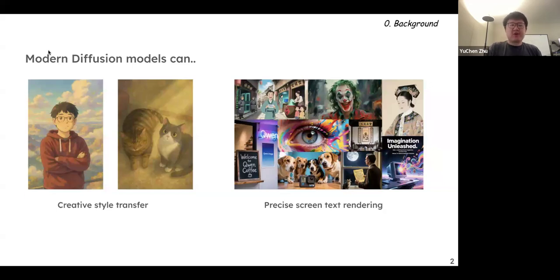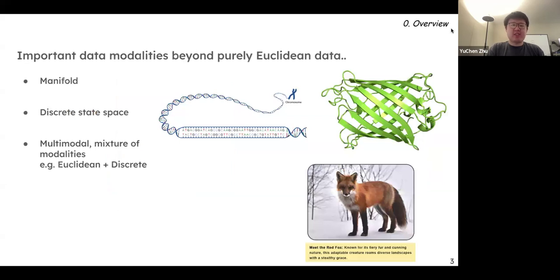But these are all advances of diffusion models in Euclidean data, and there are actually many other modalities beyond the purely Euclidean ones. To me, they're all of equal importance. For example, there's manifold data, such as that usually showing up in robotics or protein applications. There are large corpora of discrete categorical data, such as DNA sequences, text, or protein sequences.